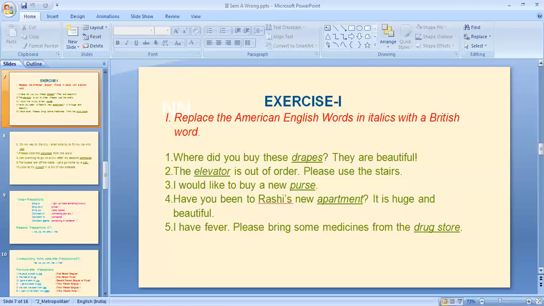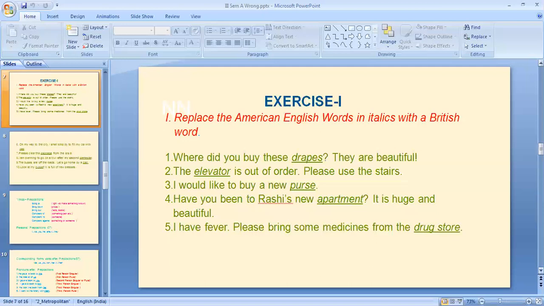Sentence number 1 says, where did you buy these drapes? They are beautiful. A person visits his friend's home or his relative's house, and by seeing the drapes, he says, where did you buy these drapes? They are looking very beautiful. Where did you buy them? Here the word given in italics is drapes.